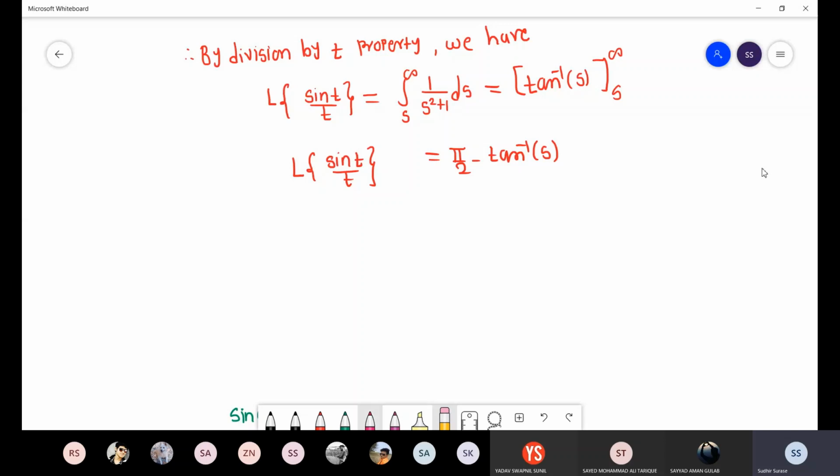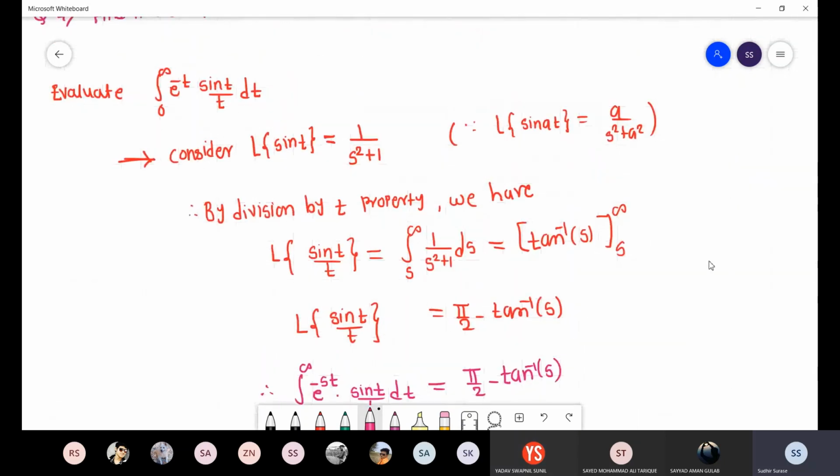On the left hand side we have this term, which is exactly the same as the original definition of the Laplace transform. This is integral 0 to infinity e to the power minus st sin t by t dt, and this is equal to pi by 2 minus tan inverse s. Now tell me the particular value of s. s is equal to 1.